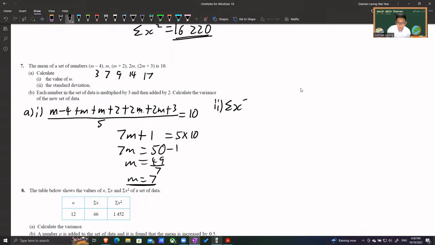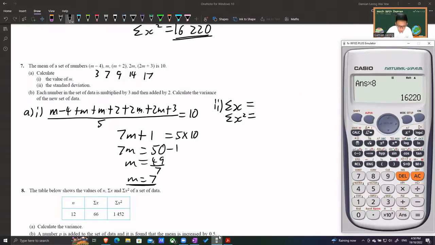So I find sum of x and sum of x squared. 3 plus 7 plus 9 plus 14 plus 17, 50.